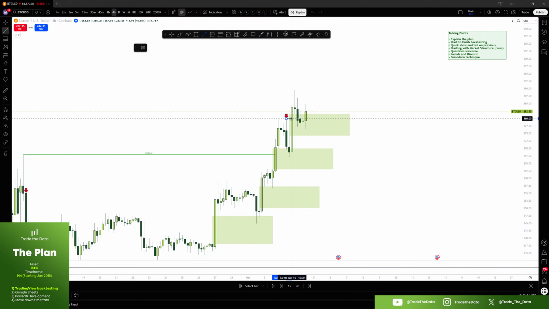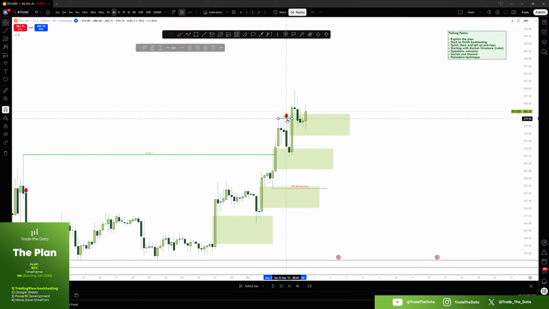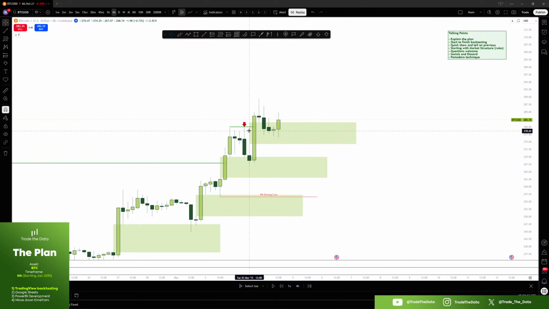The highest point between there and there is that. So we're expecting that to break. It already did. The low would have been down here. This is where the last push to break through. So this would have been the strong low. This would have been the weak high, but we've already clicked forward, and that was a very quick drop down and move. I'm sure some people back in the day, if they were doing this, made a bit of money.